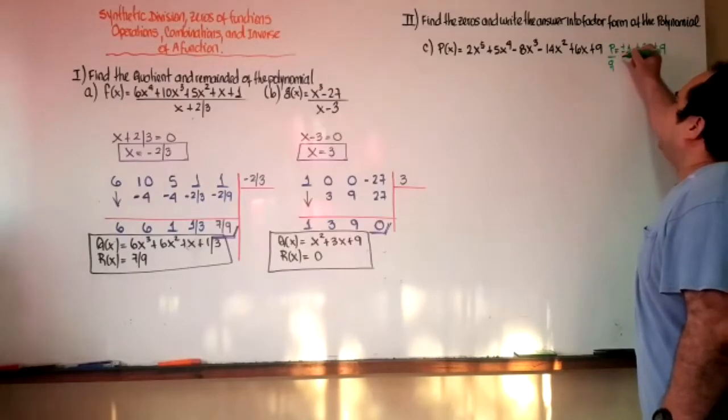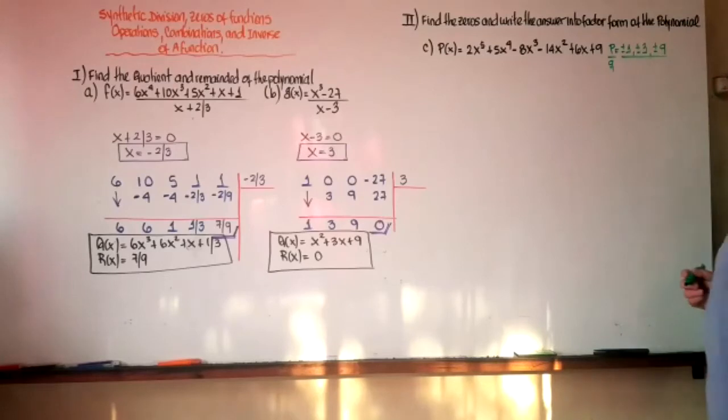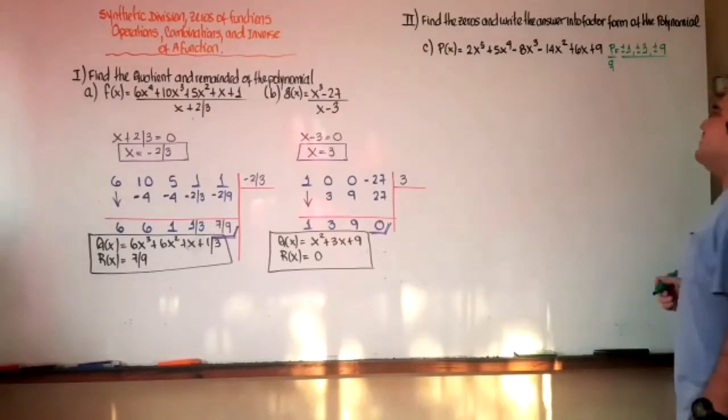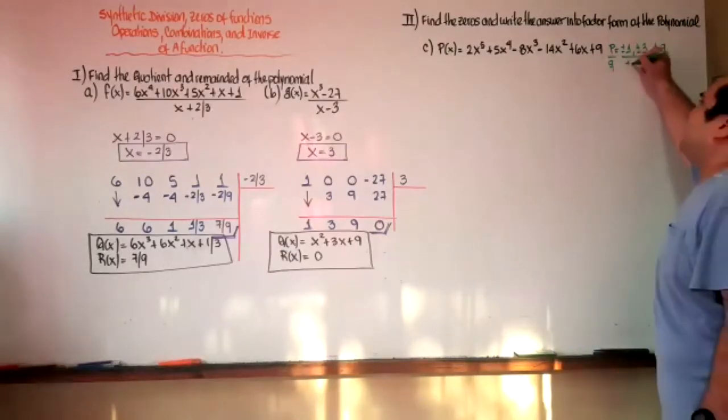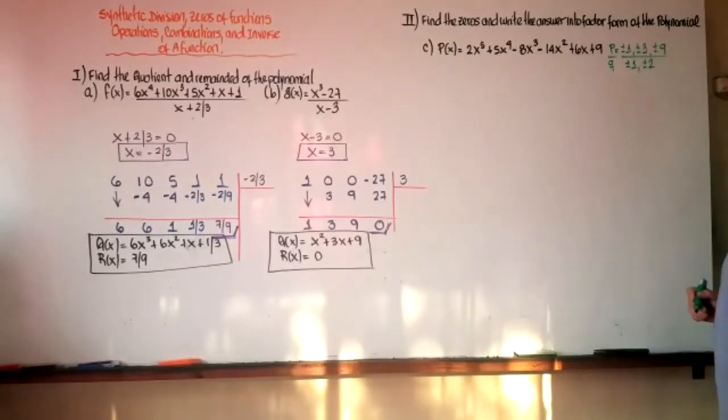And the q factors will be the multiples of the first number. What are the multiples of 2? Obviously positive and negative 1 and positive and negative 2.